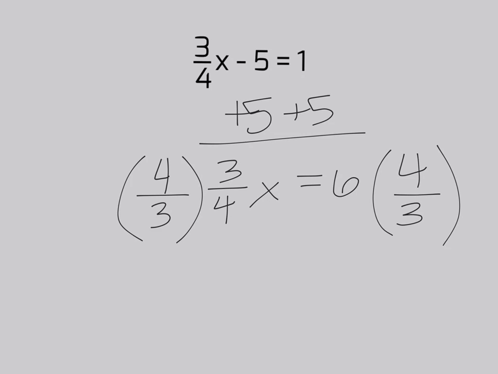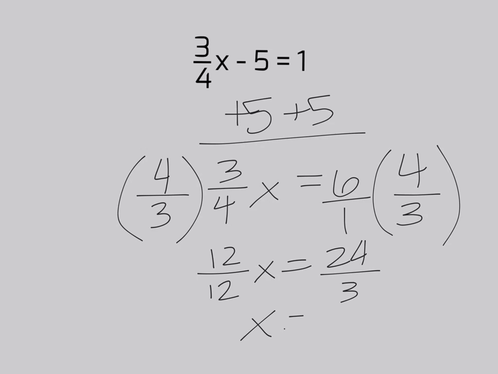So 4 times 3 is 12 over 12x equals 6 over 1 times 4 over 3 gives me 24 over 3. 12 over 12 gives me 1, or 1x, and 1x can be written as just simply x. 24 divided by 3 gives me 8, so my final answer is 8.